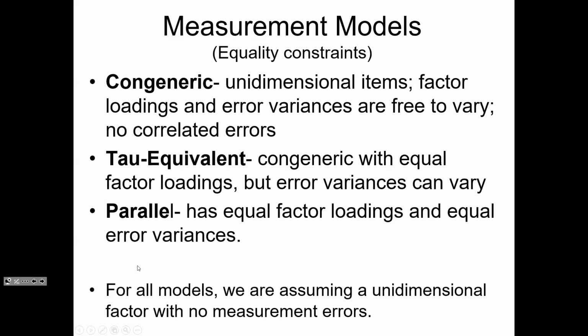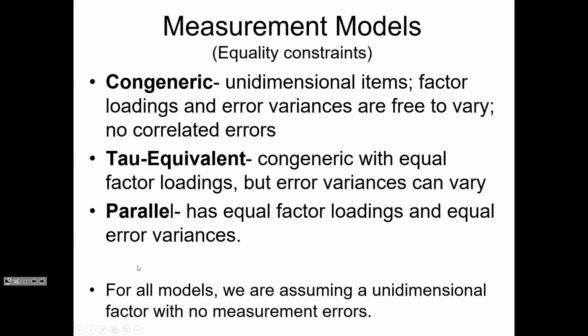And so if you're creating a scale score by either averaging or taking the sum, then you are implicitly making the assumption of a tau equivalent model. You're really saying, I think each of these items is equally predicted by the factor, that they're all equally good indicators.